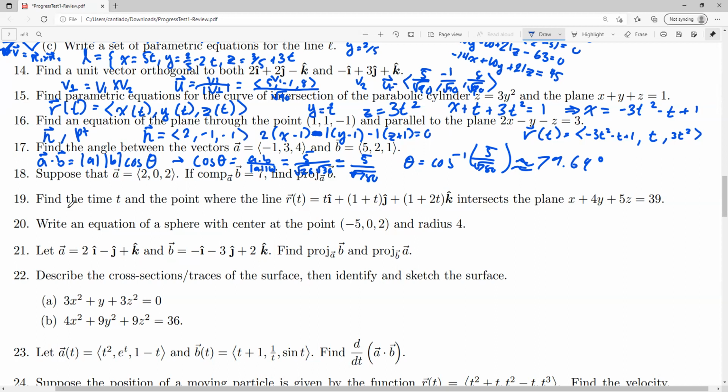All right, 18. Suppose that A is equal to this. If the component of B on A is that, find the projection of B onto A. Okay, interesting. Let me think about this for a second. Do we know what B is?